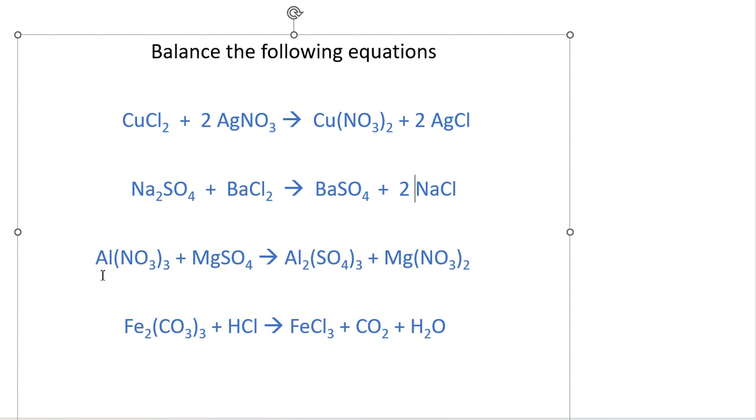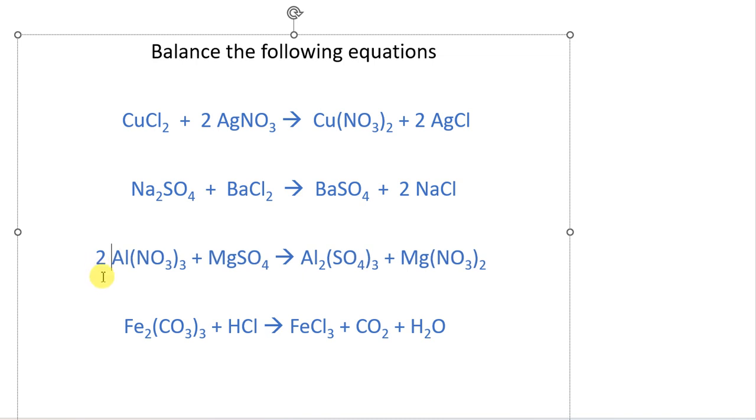Al on the left, I have 1. Al(NO3)3 contains only 1 Al. On the right, Al2. I need 2 on the left to balance the 2 on the right. We're done. So Al now balances.